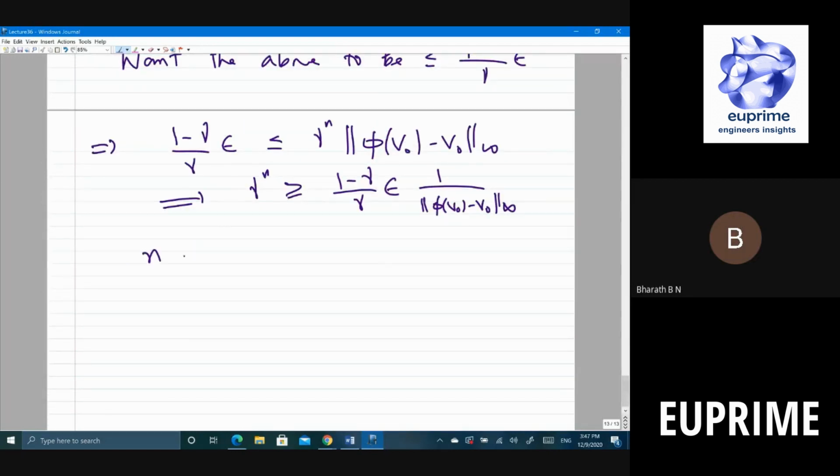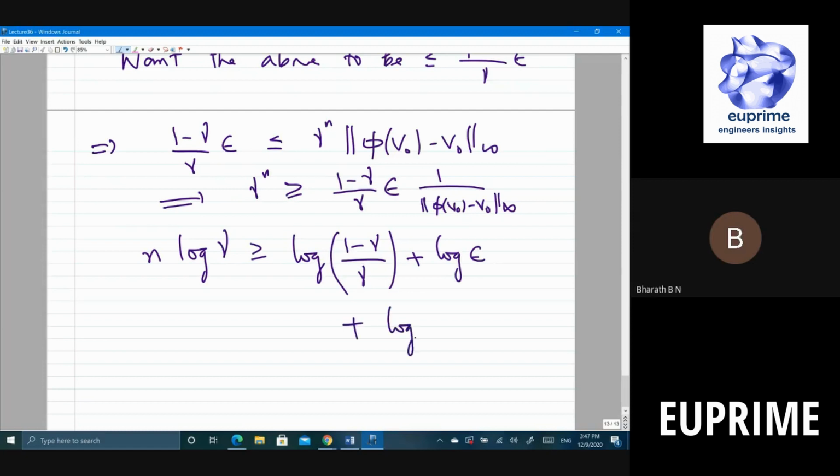I'll take the logarithm on both sides. n log nu is greater than or equal to log of (1 minus nu) over nu, plus log of epsilon, minus log of the infinity norm of phi of v_0 minus v_0. This is what you get.